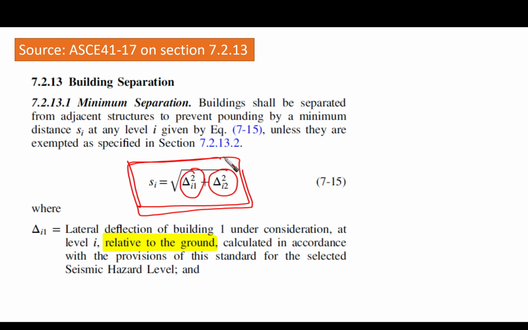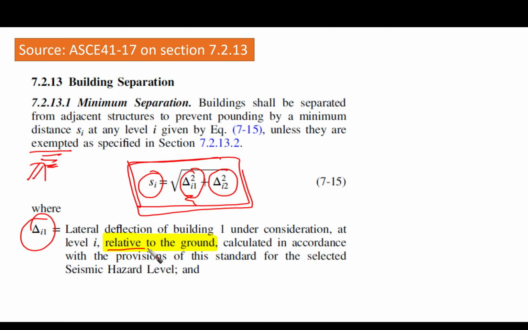They are going to prevent pounding by a minimum distance, which is S_i here at level i, unless they are exempted by a specified section. There is some exception or exemption from this. We are going to look at it. Maybe it will be helpful for us also in the case of existing structures. First of all, yes, delta 1 here is as before. It is the maximum lateral deflection of building 1.